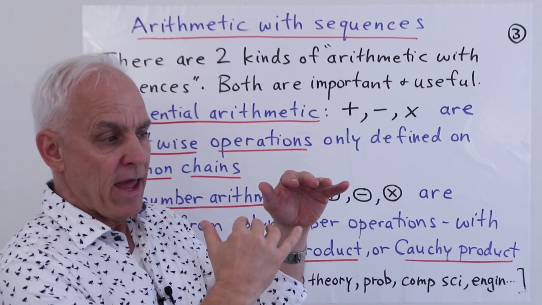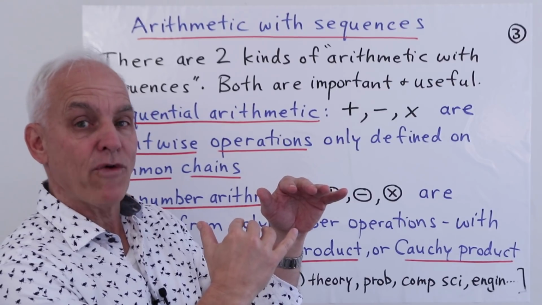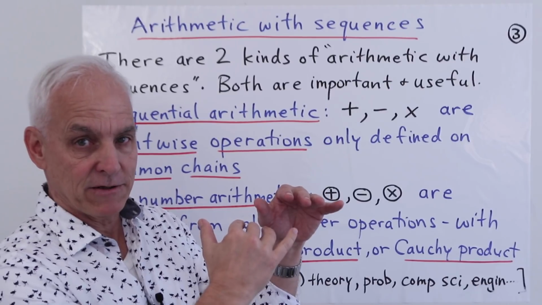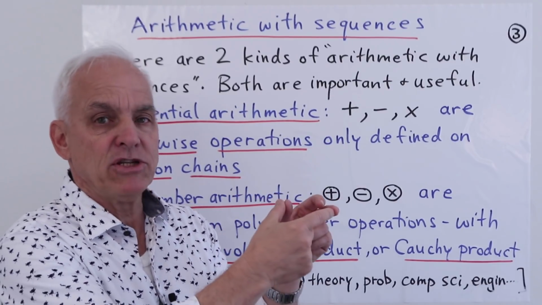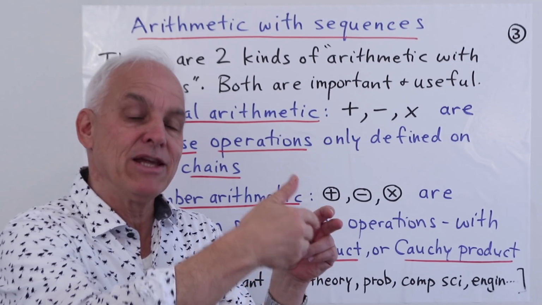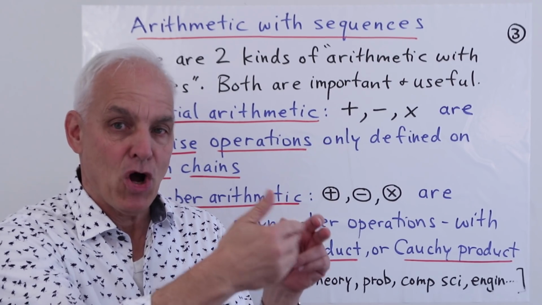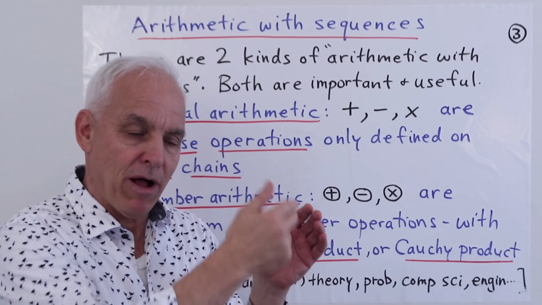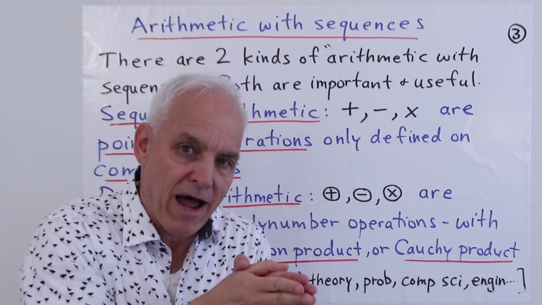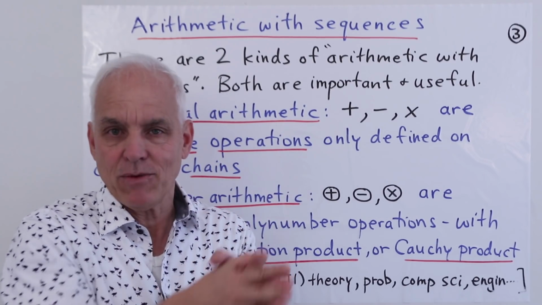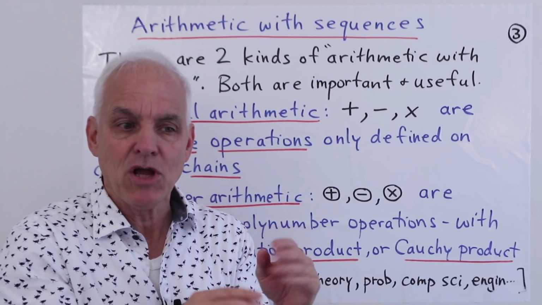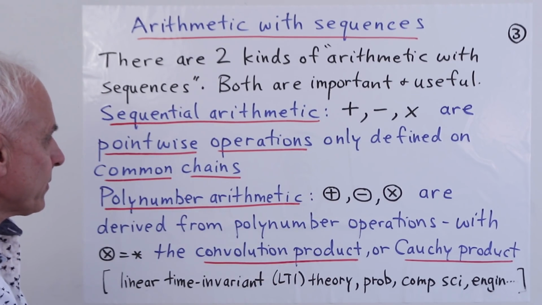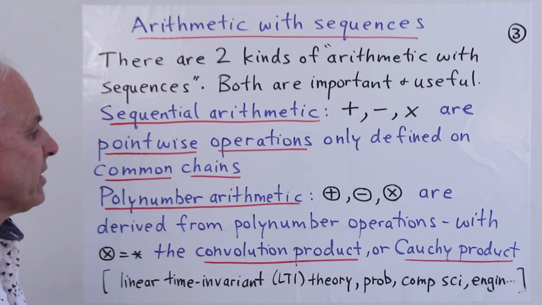Then there's possibly an overlap, a common domain or chain on which they're both defined. And it's on that common domain that we want to introduce the arithmetic of the two sequences. We only add, subtract or multiply them if they're both defined at the same spot. If only one of them is defined, we leave the operation undefined. We call that sequential arithmetic.